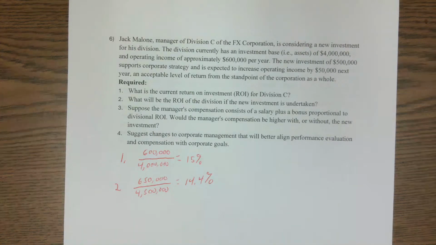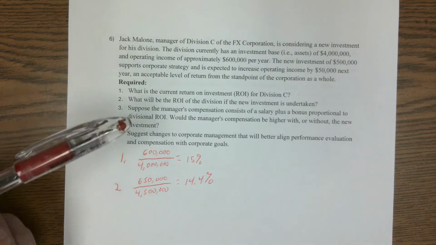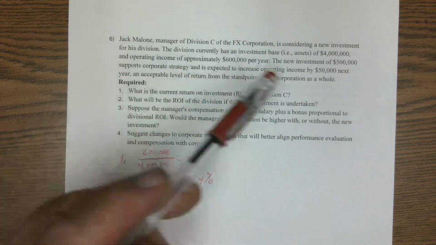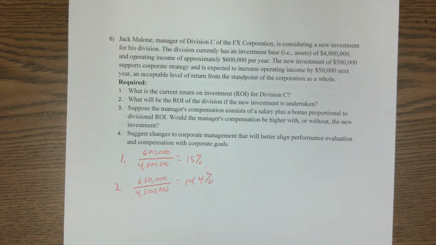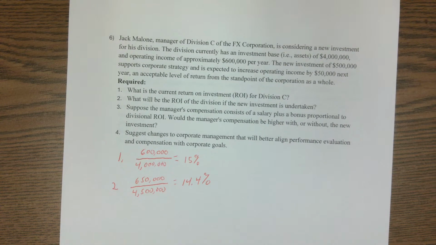So what we would want to go through here is an economic value added or a residual income, where the economic value added or residual income would show, because it says that the 10%, which is what they get, 50,000 divided by 500,000 is 10%, is an acceptable rate of return for the corporation.